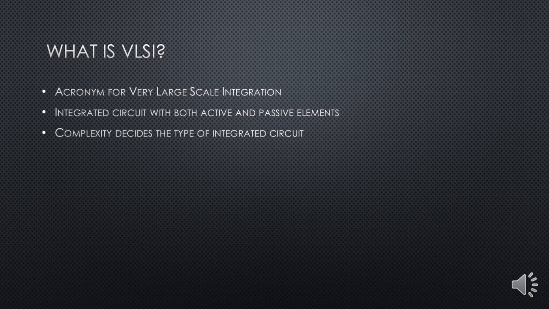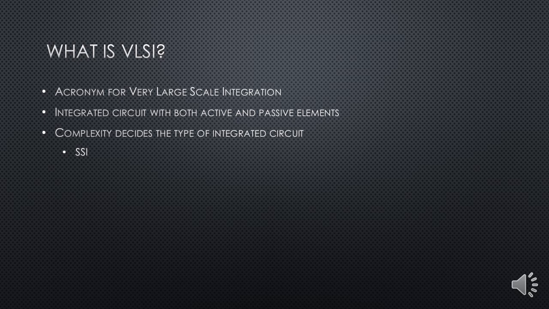But what is the basic difference between these two things? I can say that the complexity decides the type of the integrated circuits we have. The first one is SSI, small scale integration.